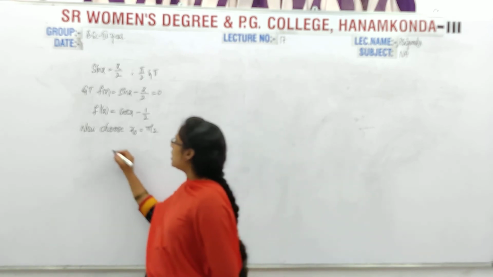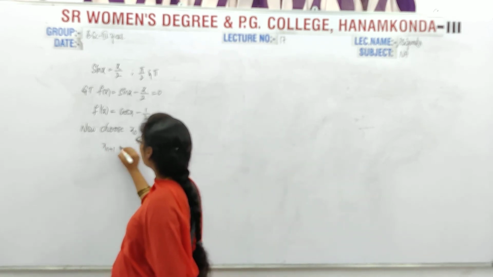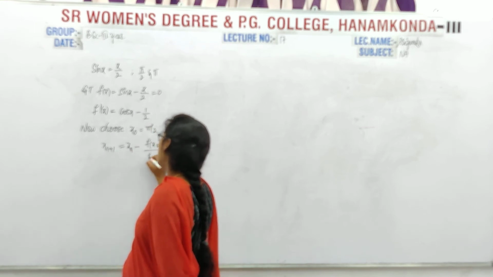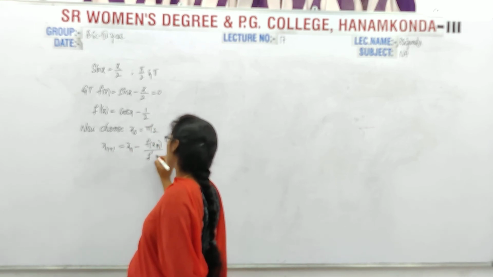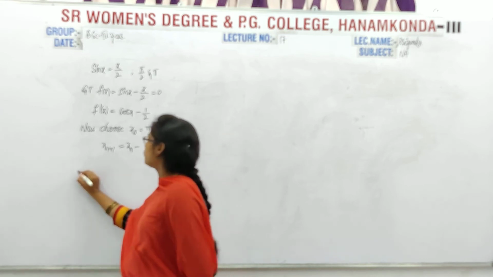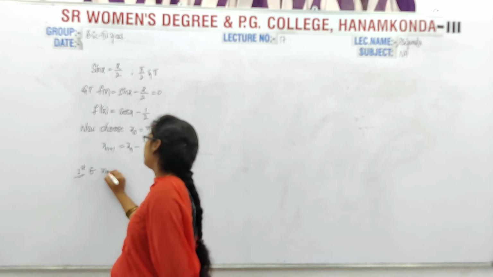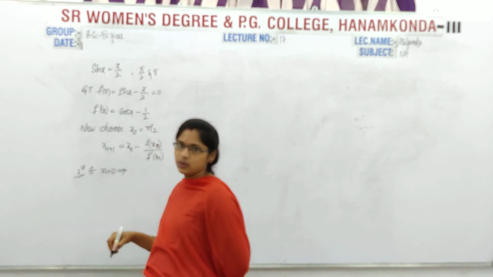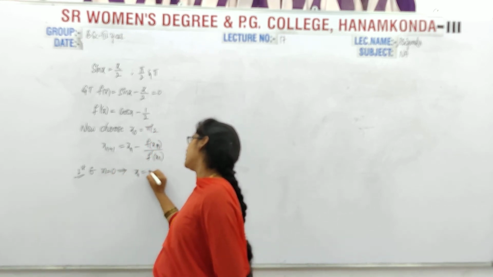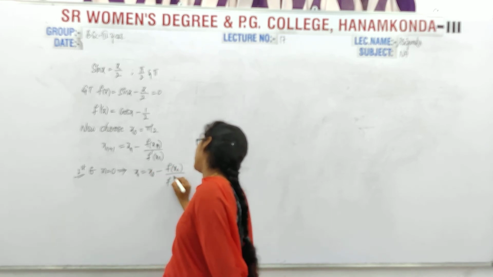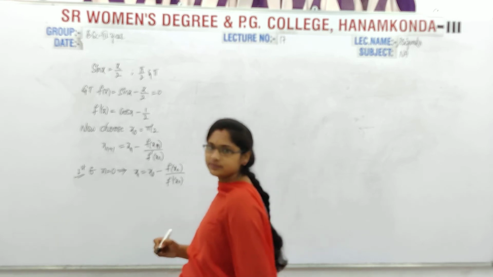So now what is the formula? x(n+1) = xn - f(xn)/f'(xn). Now the first iteration. Now we put n = 0. Then x1 = x0 - f(x0)/f'(x0).